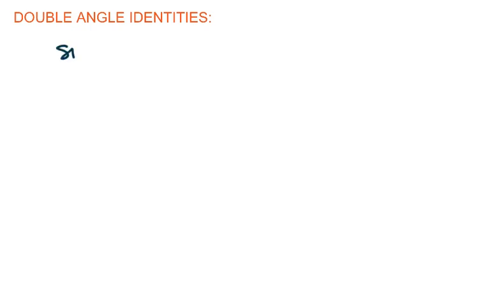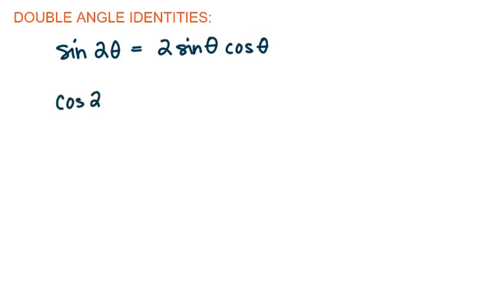So we know that sine of 2 theta, which we just found, is 2 times sine theta cosine theta. We know that cosine 2 theta is cosine squared theta minus sine squared theta.